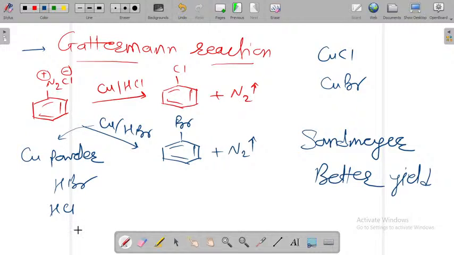Understand? So this is the difference. In Sandmeyer reaction, we used cuprous chloride or cuprous bromide, but here we are just using copper powder in presence of HCl. Same reactants and same product form, but the reagents and conditions are different.